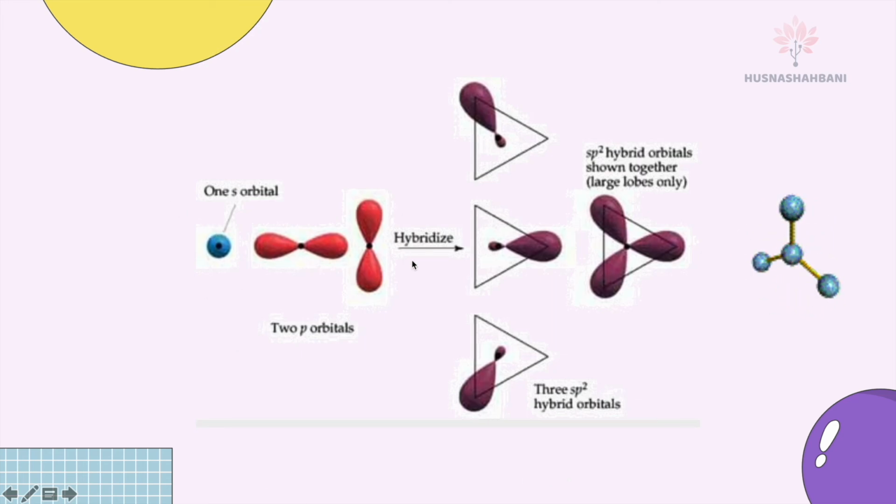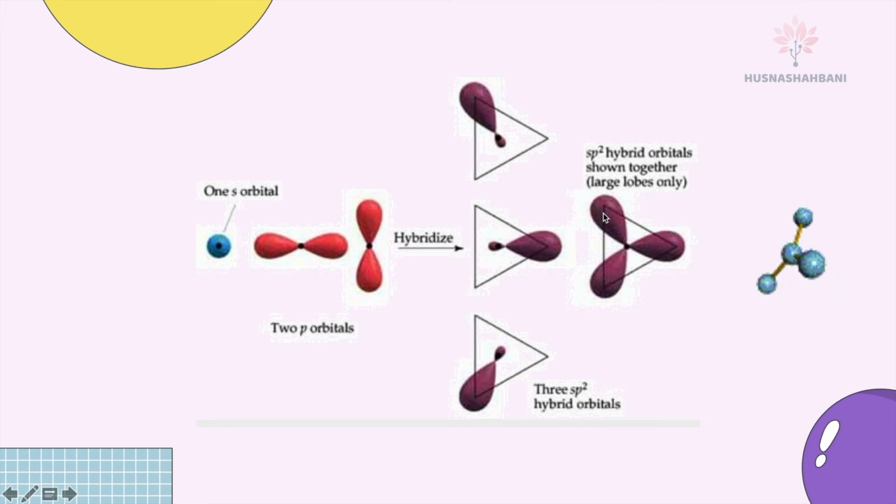1 s orbital and 2 p orbitals. So you have 3 total orbitals here. If you have 3 orbitals, the hybridized orbitals that you will get are 3. When you hybridize these 3 orbitals, they will form 3 hybridized orbitals, but you don't draw them separately. You draw them together. They will form sp2 hybrid orbitals.